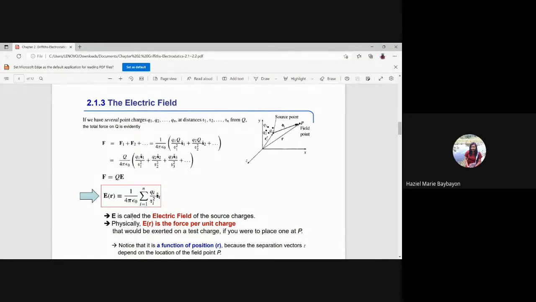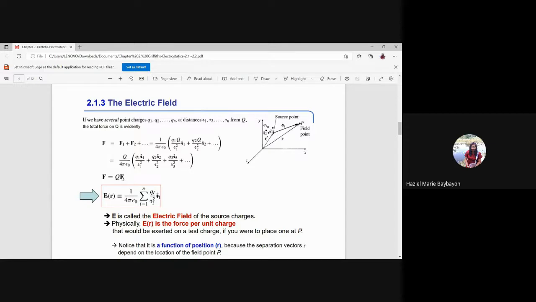The electric field, class, is denoted by the capital letter E. Okay? So physically, the meaning of the electric field is the force per unit charge.